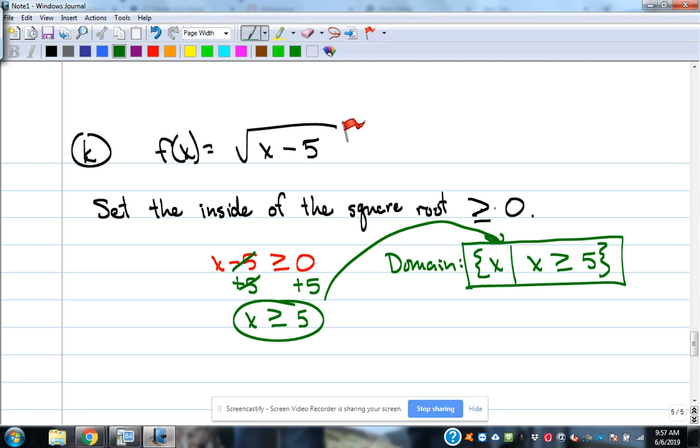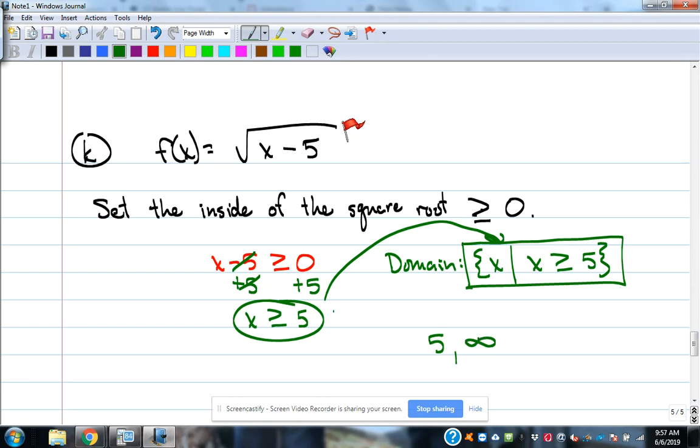Because you remember, we start with negative infinity, but if it has to be greater than or equal to 5, then all those negative numbers don't work anymore, right? The smallest number on my domain is the 5. And then it goes up from there, which would be the positive infinity part.